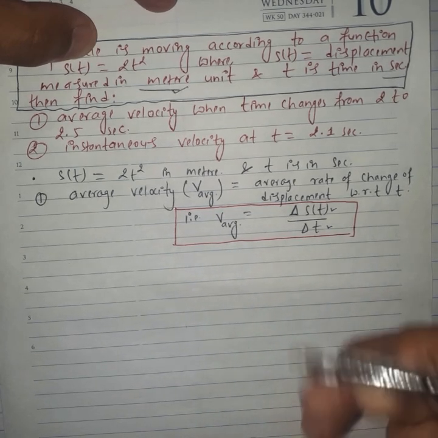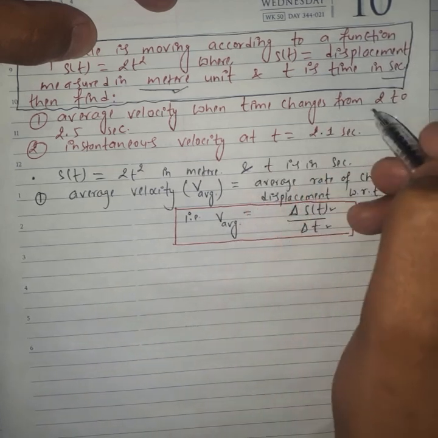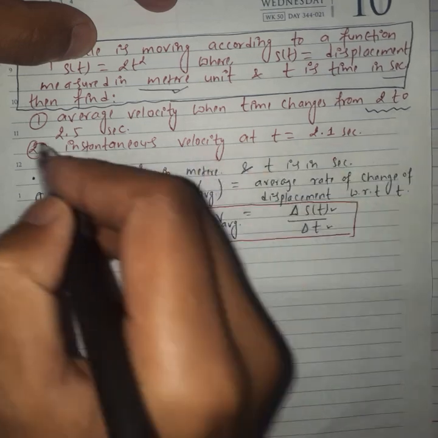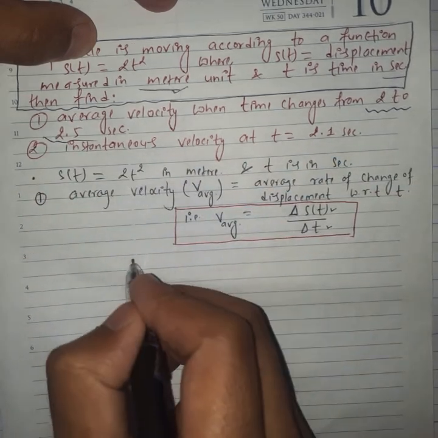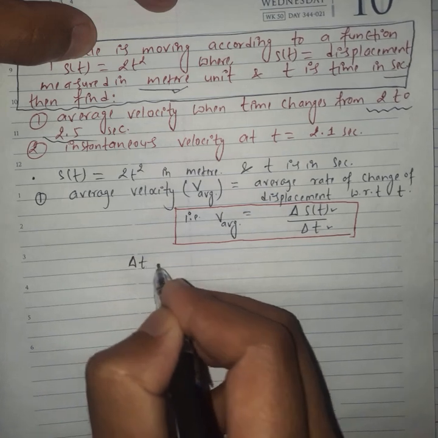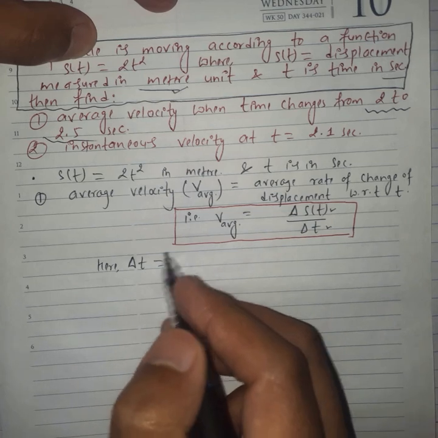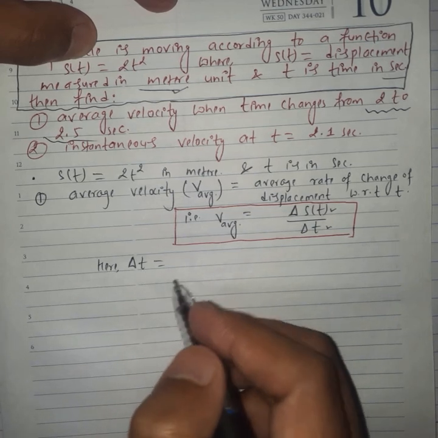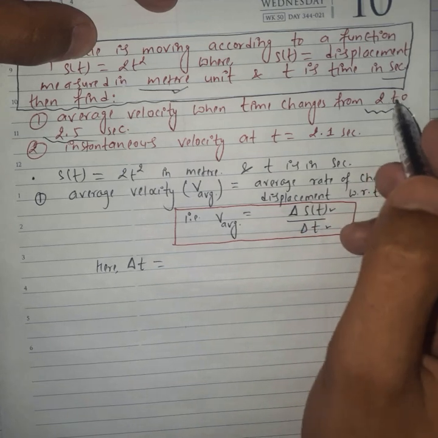Let's calculate its corresponding value. Here the change in time is given from 2 seconds to 2.5 seconds. The delta t, the small increment in time, is calculated by subtracting the initial value from the final value.